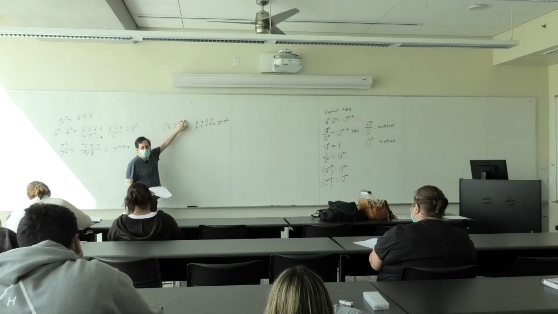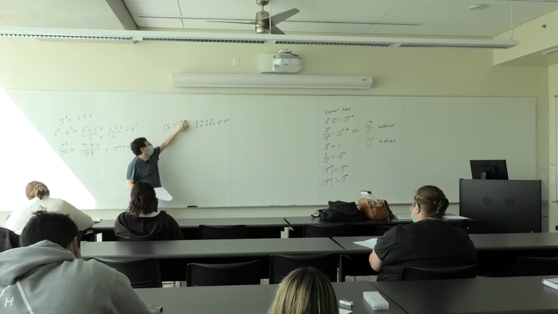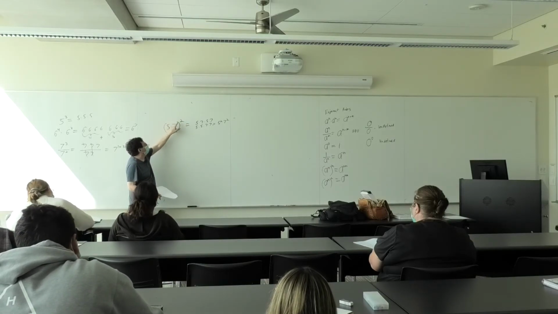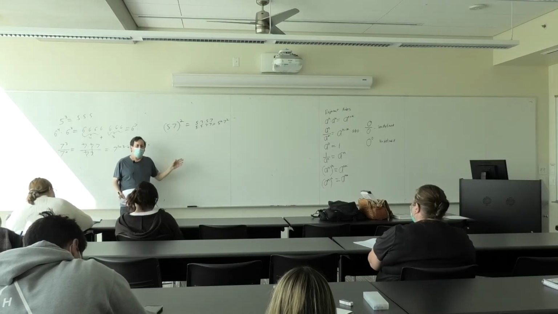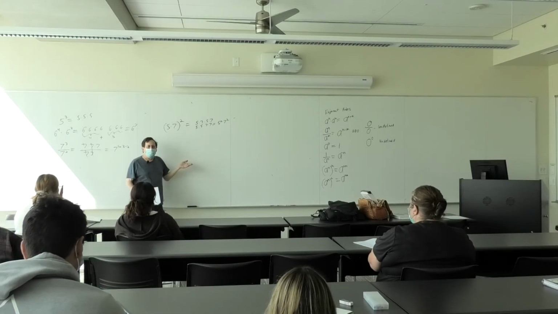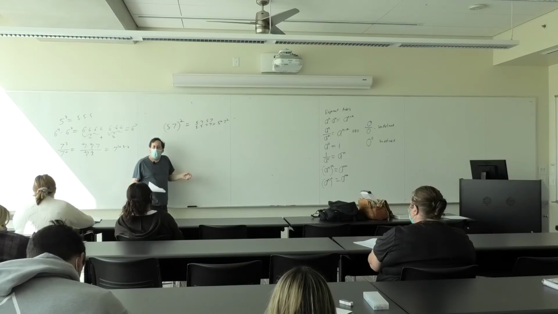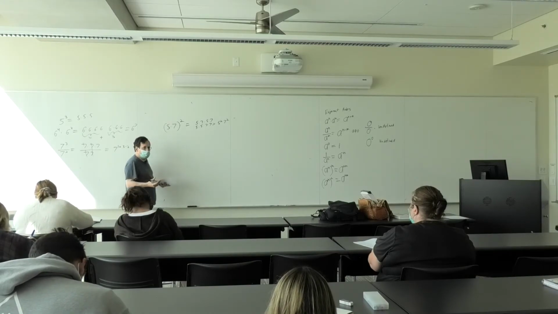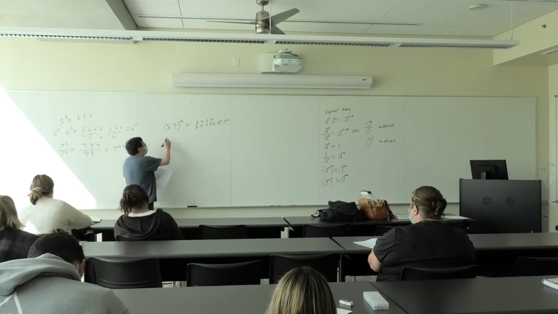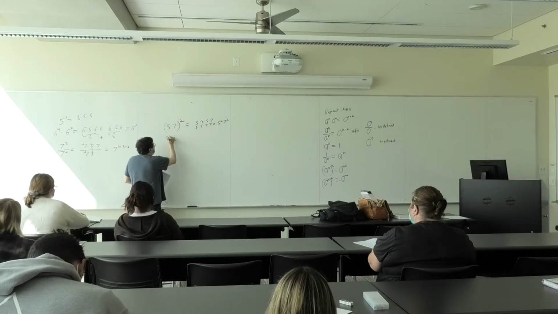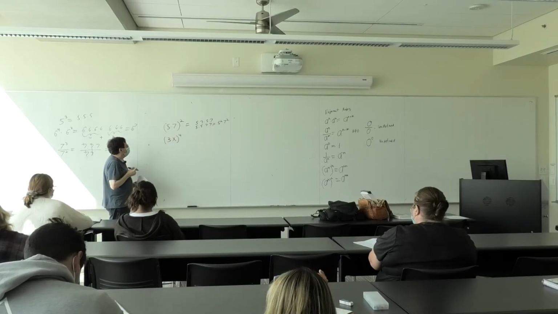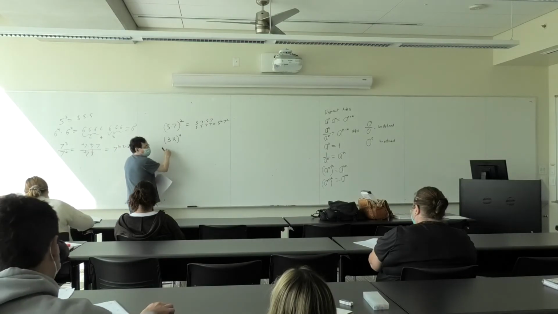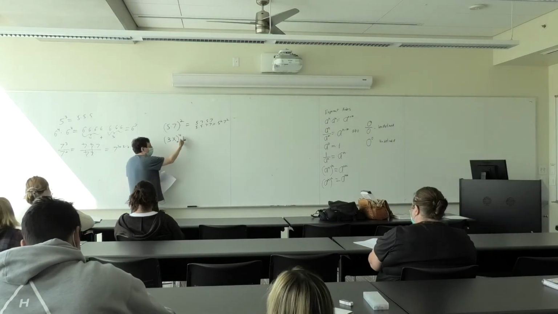We sometimes use the word distribute. We can distribute this exponent over these numbers. Now you might say, oh, I'm just going to do this on my calculator anyway, right? It's going to come out the same. Why bother? Well, later in the class, we're not always going to be using numbers. We might say 3x to the 4th. Well, you can't multiply 3 times x because we don't know what x is, but we can distribute.